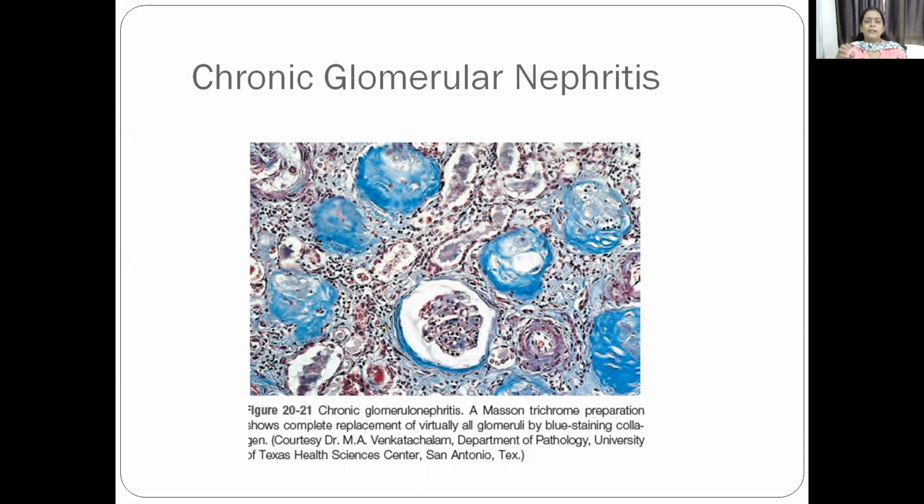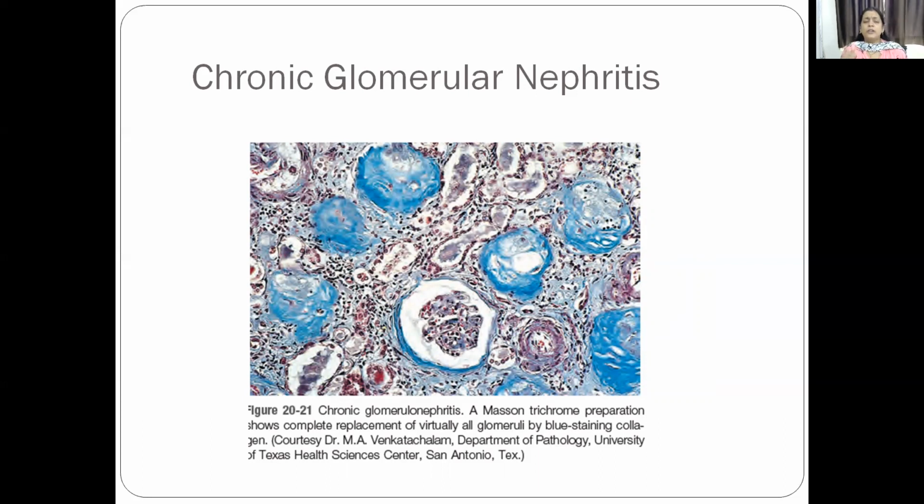Okay, even the crescentic glomerular nephritis or rapidly progressing glomerular nephritis can result in chronic glomerular nephritis if it is reversed, yet it is progressing in a chronic way. Okay, and post-infectious nephritis leading to the acute glomerular nephritis also very rarely can cause chronic glomerular nephritis, but usually it has become rare as we are treating the sore throat and all very well these days.